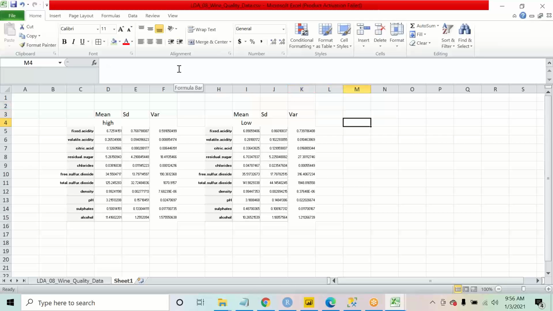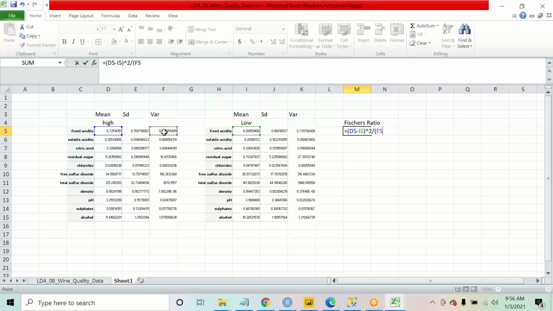Now you have the mean and the variance. The only thing that you now have to calculate is the Fisher's ratio. And what is the Fisher's ratio? Fisher's ratio is m1 minus m2 raised to the power 2, so I will say this number minus this number raised to the power 2, divided by V1 plus V2.